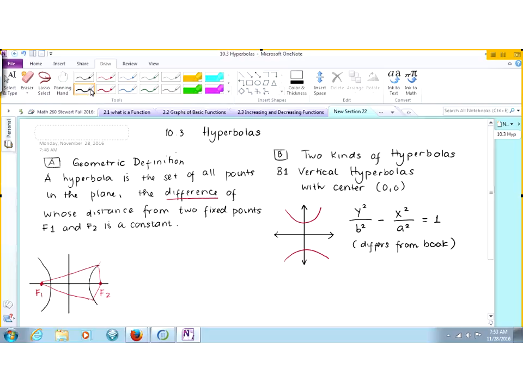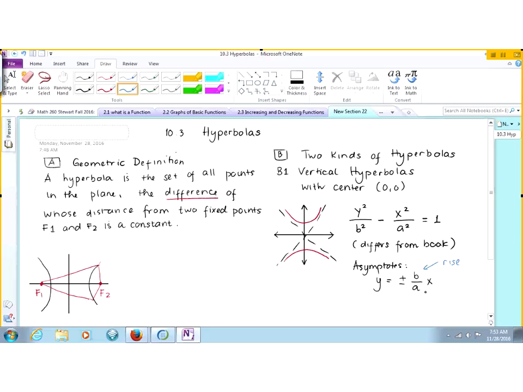Now this hyperbola has asymptotes, and we will graph the hyperbola later. The equation of the asymptotes of the hyperbola is y equals plus or minus b over a times x.